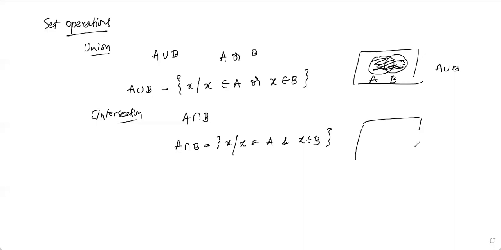If you look at the Venn diagram here, this is A and this is B, and A intersection B is the shaded one.